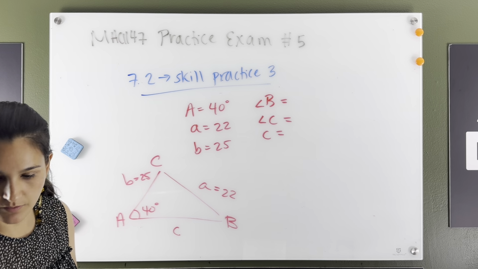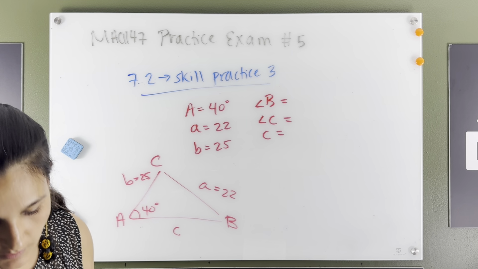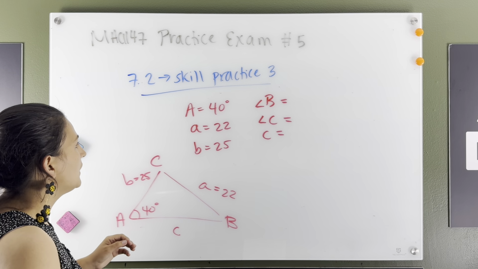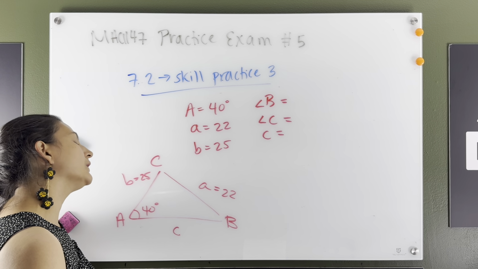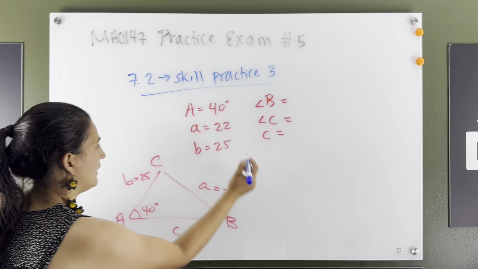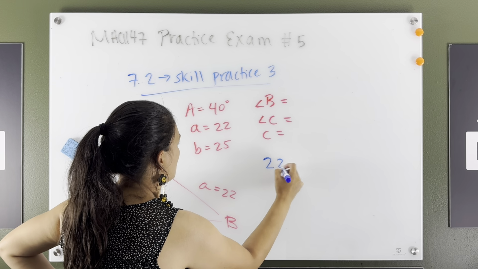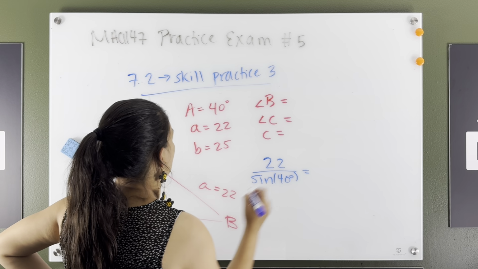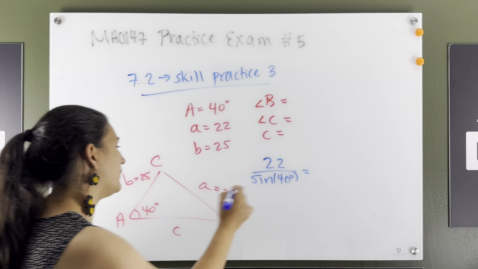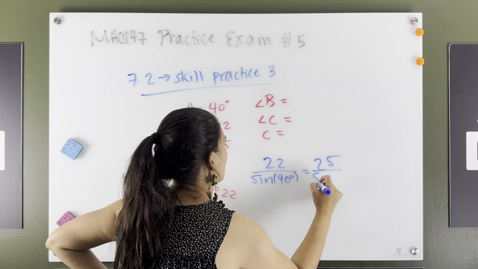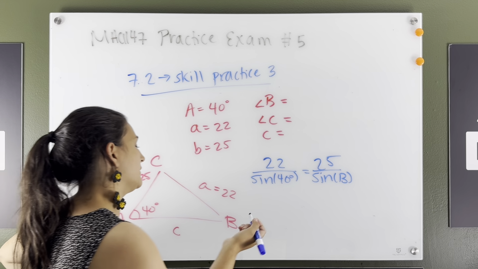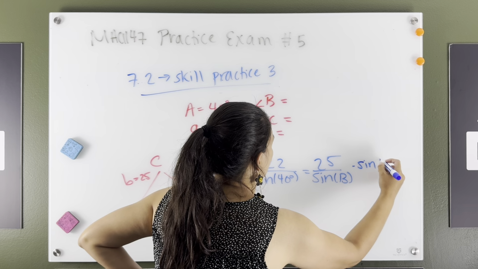Okay, so I'm going to go ahead and try to use my law of sines. They gave me A, so I'm going to use A. So 22 over sine of 40. And then they give me part of B, so I'm going to try to solve for angle B. Okay, again, do the algebra, so let's get our B alone.